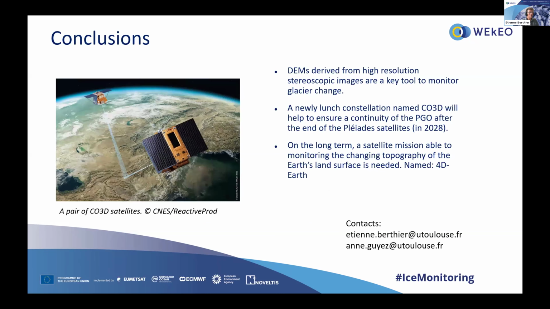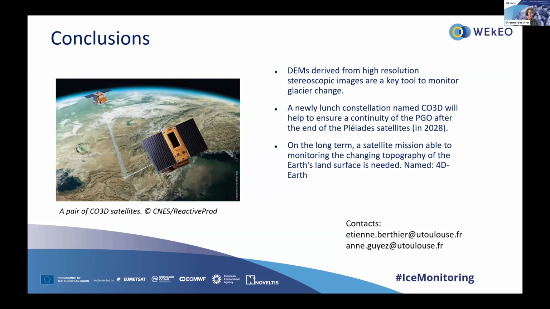And to conclude, I hope I convinced you that DEMs from high resolution stereoscopic images are a key tool to monitor glacier change. As I said before, Pleiades is going to fly until 2028. So we have to think right now about the continuity of our monitoring program, and this should be ensured by a new constellation launched by the French Space Agency called CO3D.